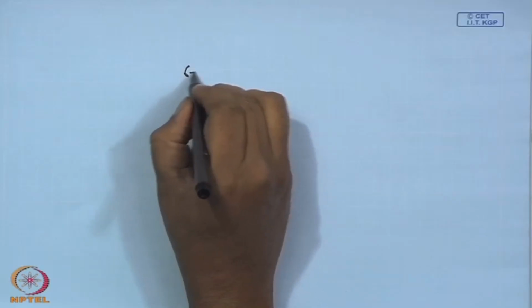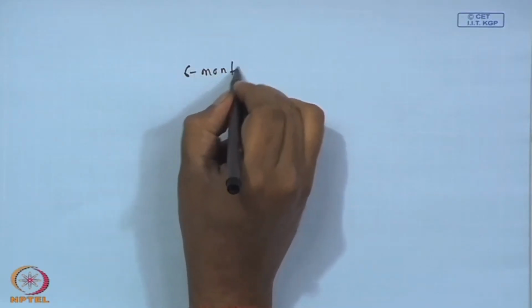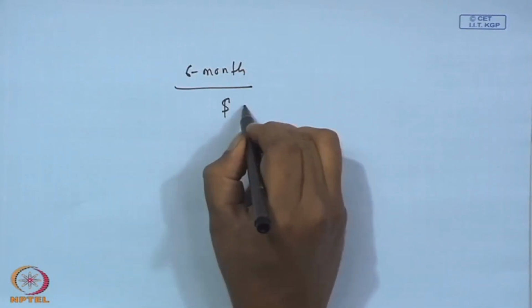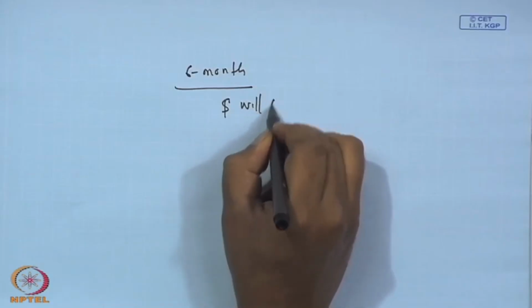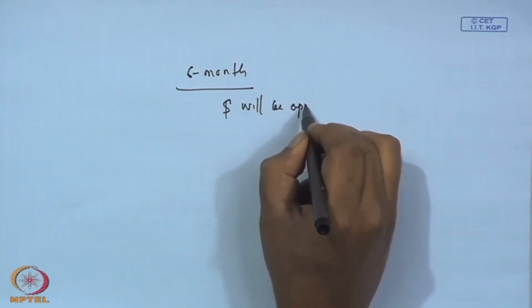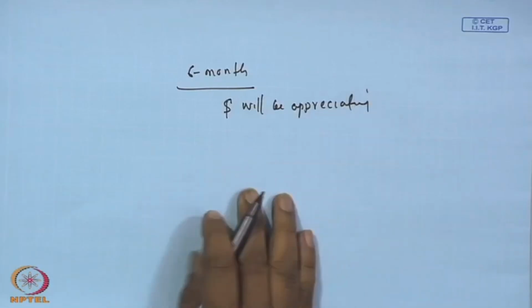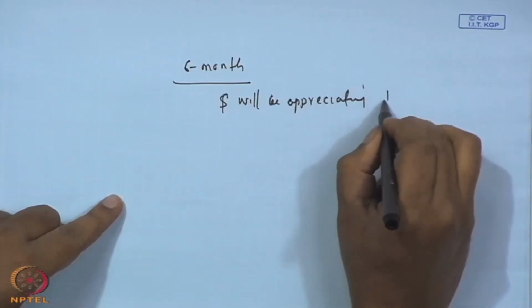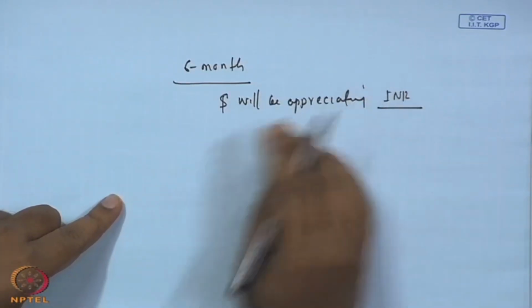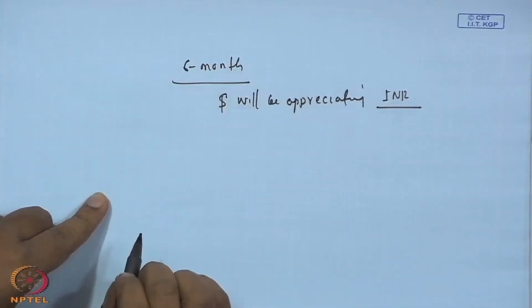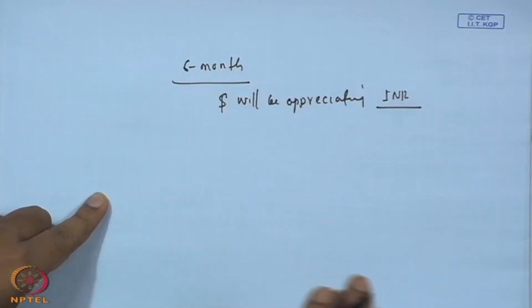Suppose I purchase a call option for 6 months. I predict that after 6 months the US dollar will appreciate against the Indian rupee. Purchasing a call option means I will purchase dollars.